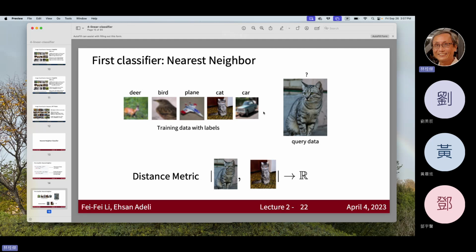So how do we decide how close this one is to any of these? That would be what we call the distance. Or in our current definition, it would be your loss function: your prediction and the correct result. What should be the difference?